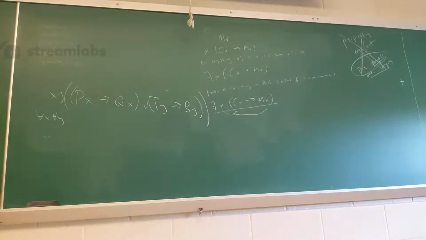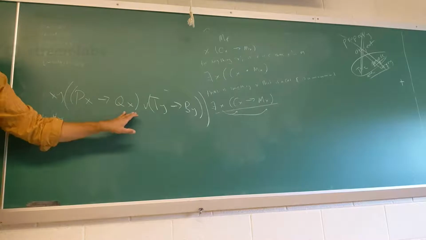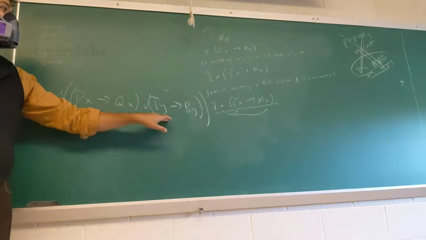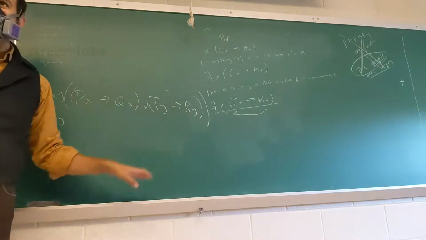Good, yeah. So this is telling you that these variables stand for anything at all, anything that exists in our universe. And so they're now ranging over, yeah, so for any x and for any y, if x is p, then x is q, or if y is t, then y is q.